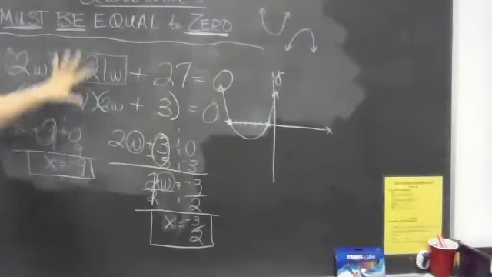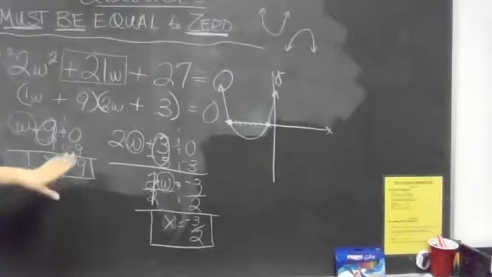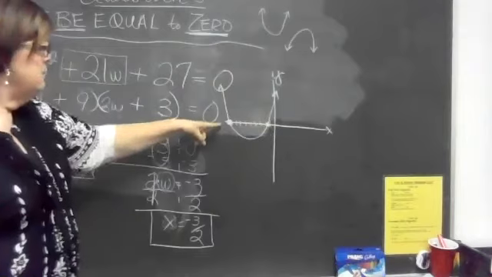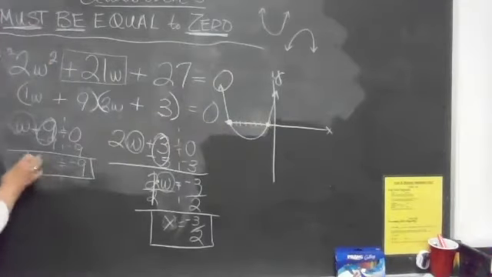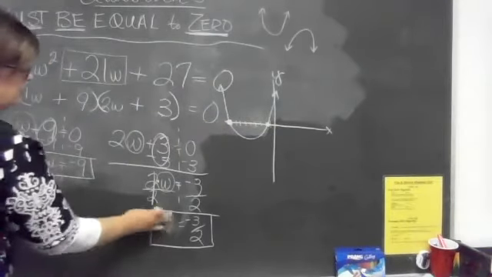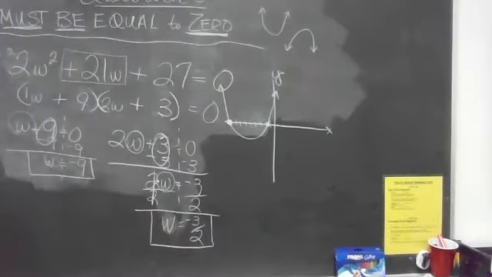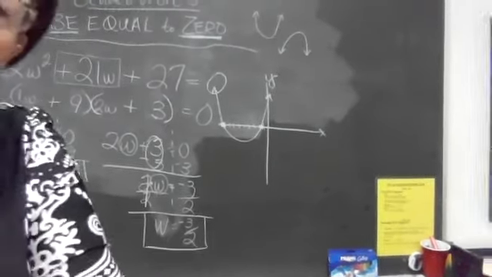And when we solve a quadratic, these answers are the x-intercepts. Even if this is a W and this is W, it's still where the parabola crosses the x-axis. Do you guys understand? Does it help any to know what you're actually doing? Maybe?